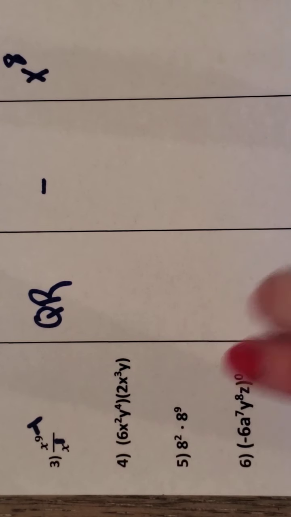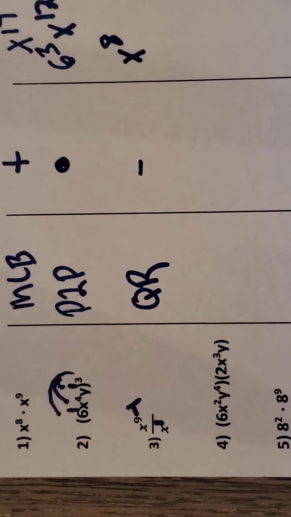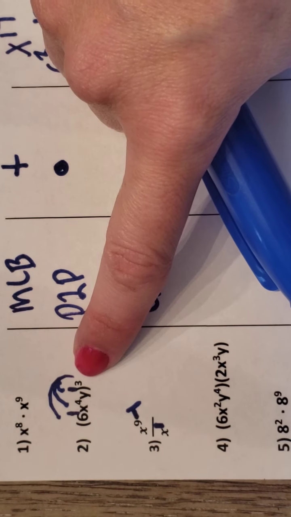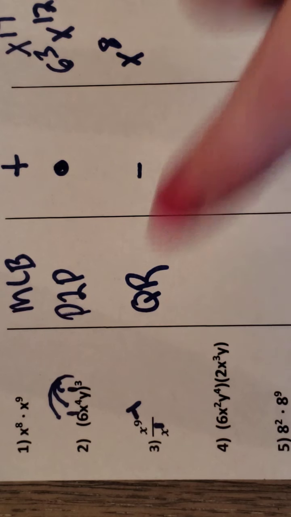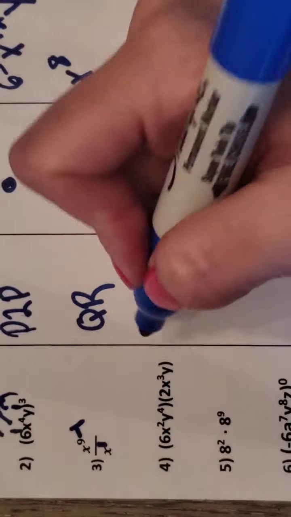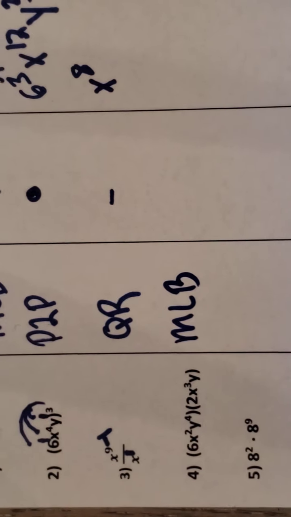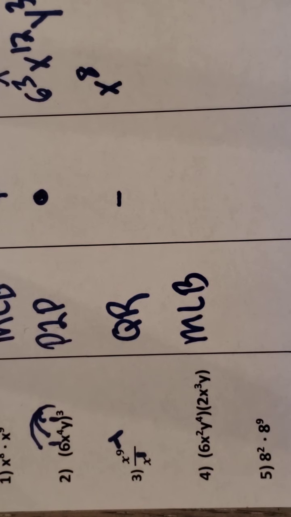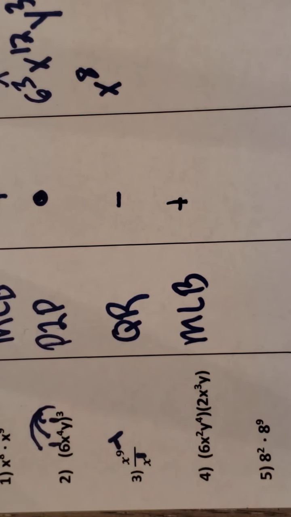Now this one, we have parentheses, but do we have an exponent on the outside like we did in number 2? No, we just have 2 sets of parentheses, which means I'm multiplying, so it's multiplying like bases. What do we do to our exponents when we're multiplying like bases? Hopefully you said add.